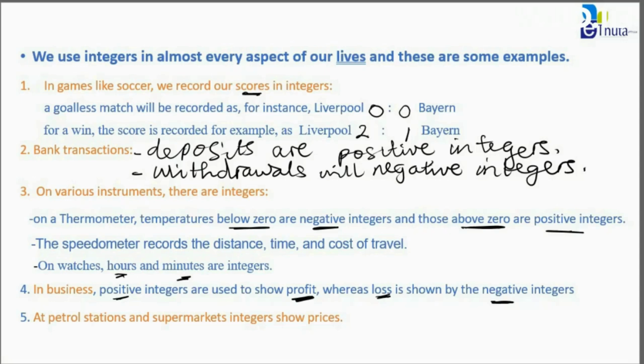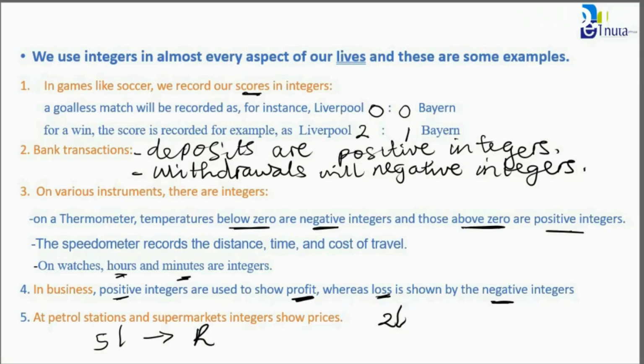The next scenario is at a petrol station and supermarkets. Integers are used to show prices and quantities of items. So you can have a 2-liter cool drink. You will know 5 liters is costing how much rands?